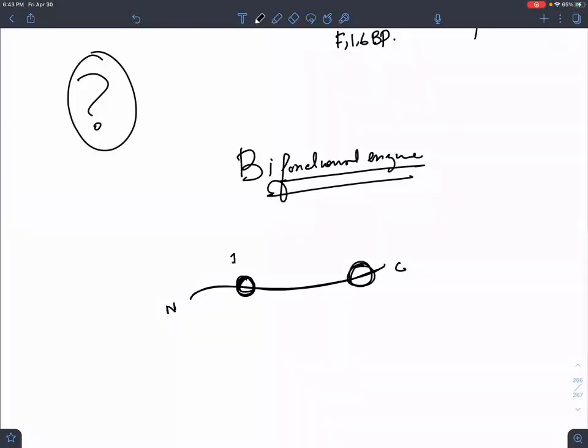PFK2 and F26BPase. These are on the same single chain of polypeptide.